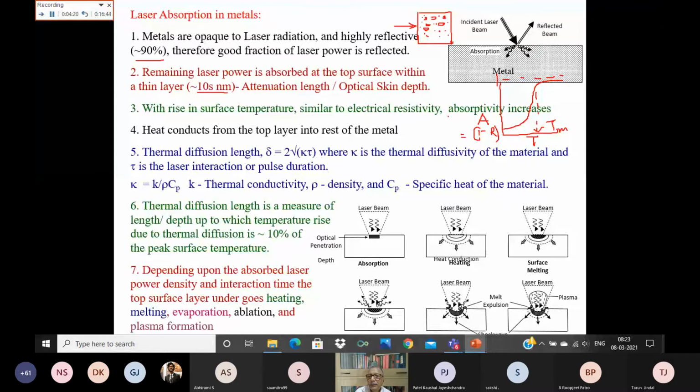So initially the electrons absorb the light energy and pass it on to the ions, and through this process the laser power gets coupled into the material.